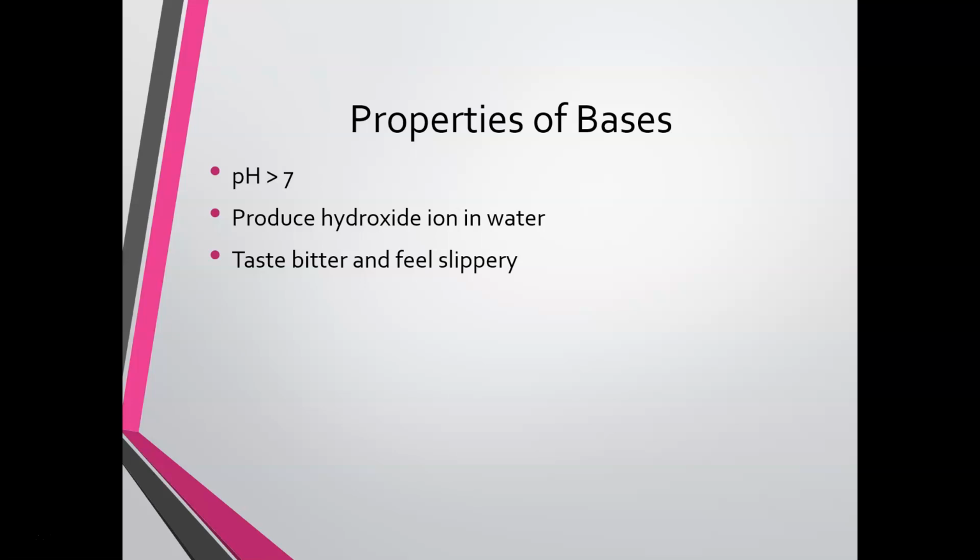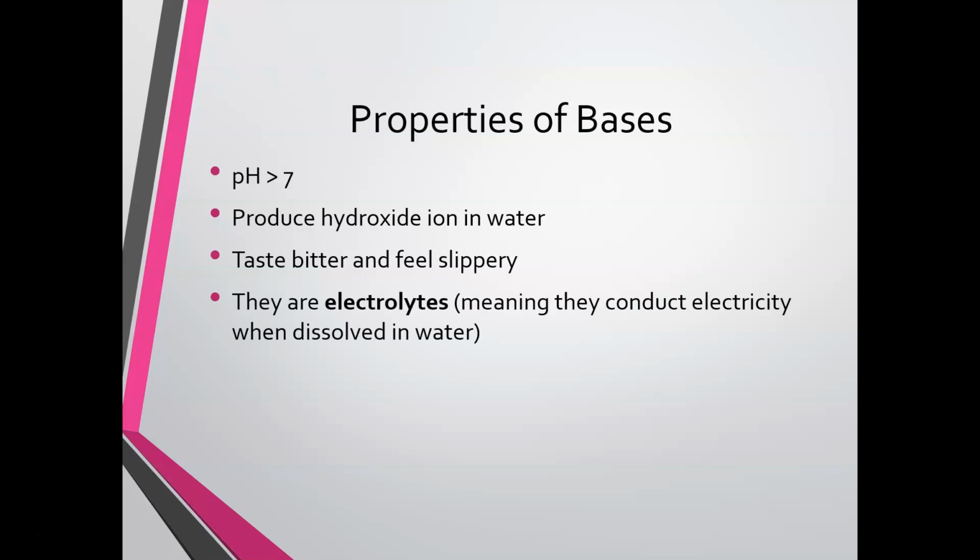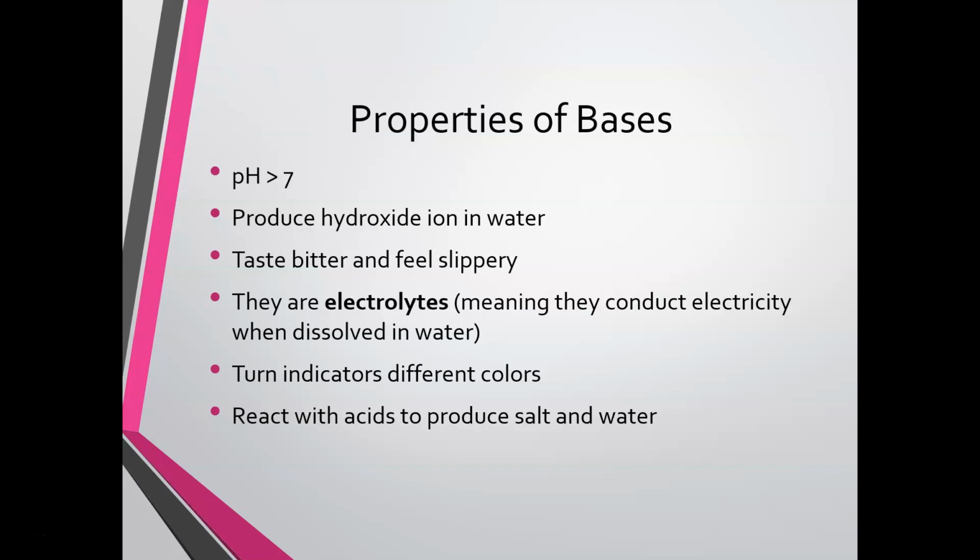Hopefully you've never eaten soap, but if you have, you noticed it had a really bitter taste, and that's because it's a base. It's also why soap feels slippery. They are also electrolytes, meaning they conduct electricity when dissolved in water. They also turn indicators different colors, and they react with acids to produce salt and water. So a lot of similarities in their characteristics.